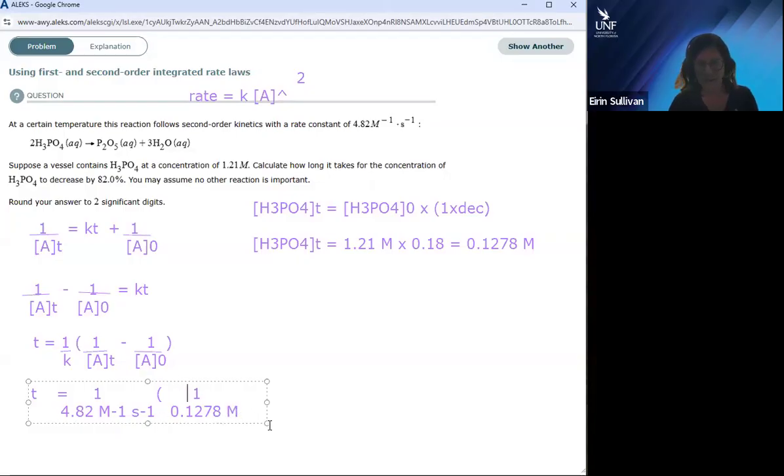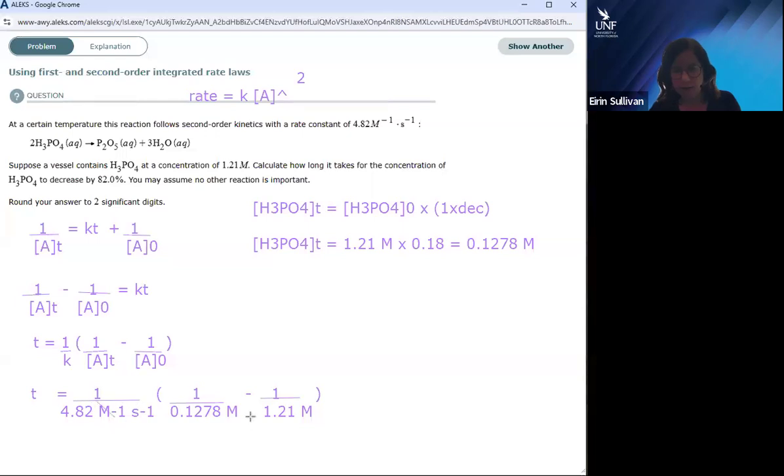I would usually put this 1 over 0.1278 in parentheses, and my 1 over 1.21 molarity in parentheses as well, just so our calculator can't stab us in the back, because calculators like to do that. So this is what we're going to put into our calculator.